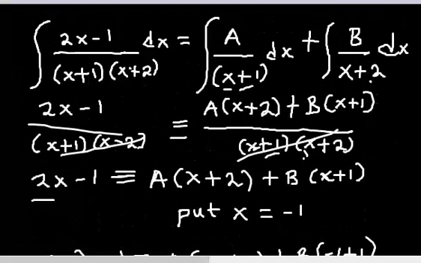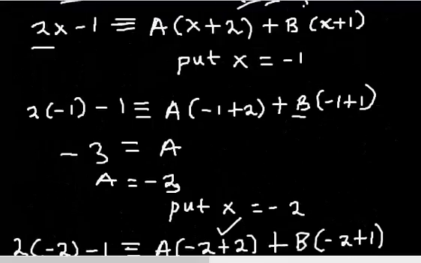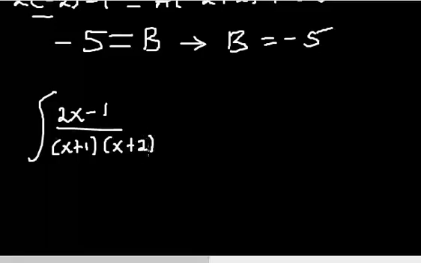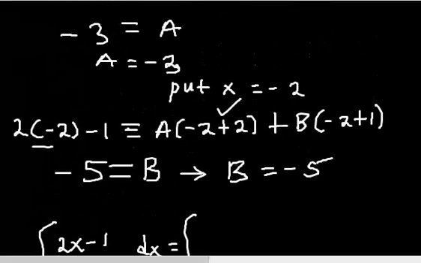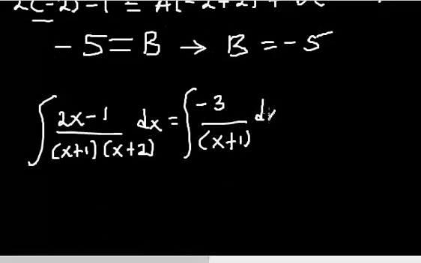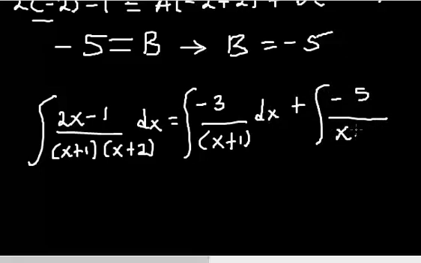So now the integral value of 2x minus 1 divided by x plus 1, x plus 2, all with respect to x, is now going to be equal to the integral value of my a, which of course is minus 3, divided by x plus 1 dx, then plus the integral value of minus 5 divided by x plus 2 with respect to x.